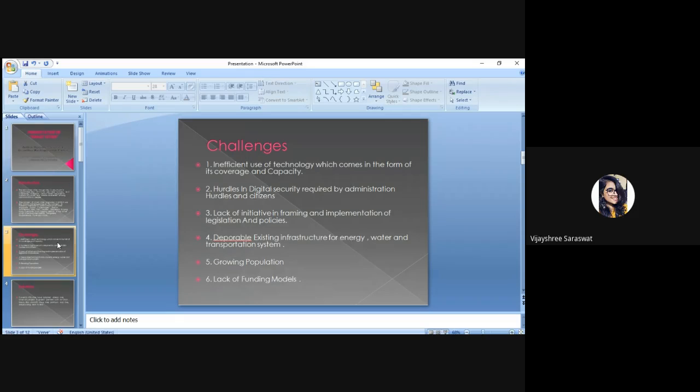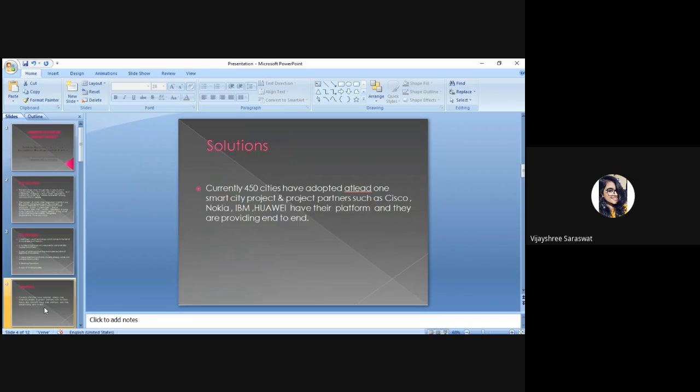Fifth, growing population. Last but not the least, lack of funding models. As a solution, currently 450 cities have adopted at least one smart city project, and project partners such as Cisco, Nokia, IBM, and Huawei have their platforms and provide end-to-end solutions.